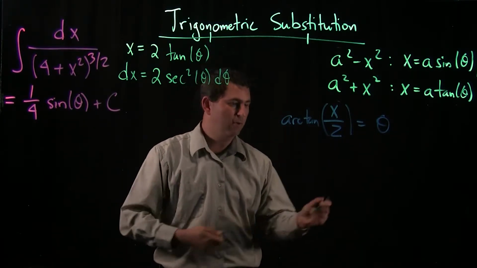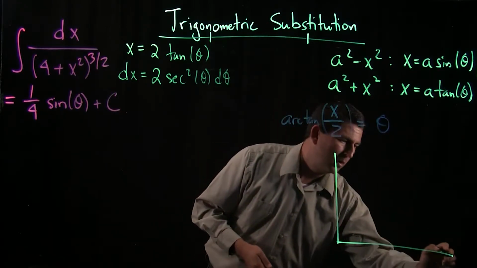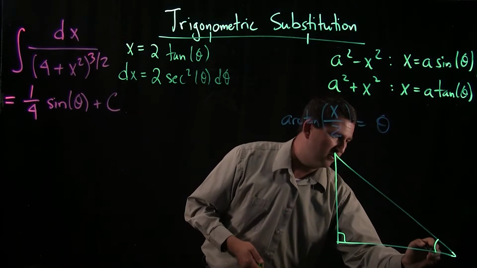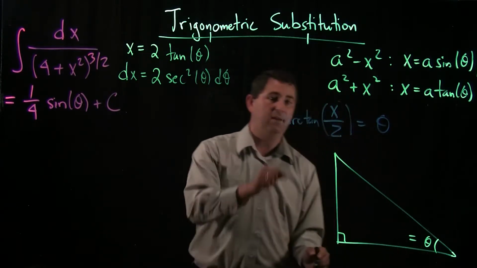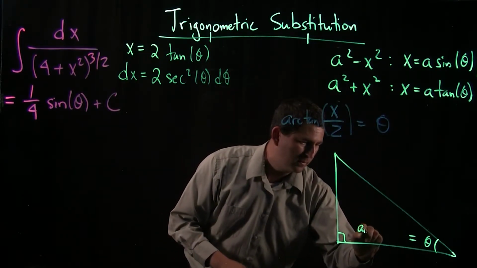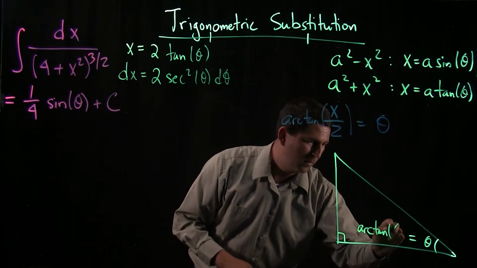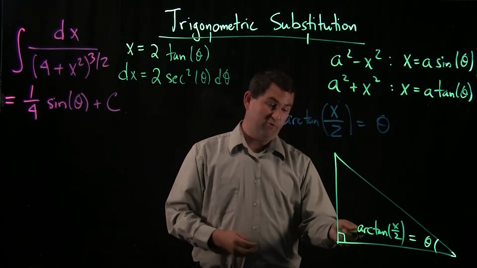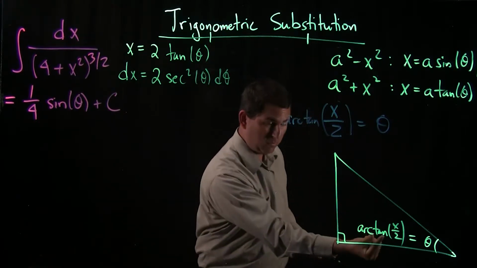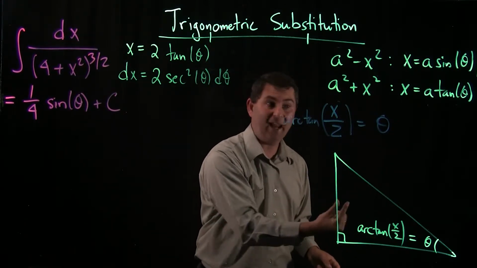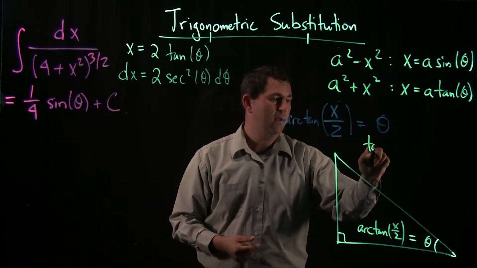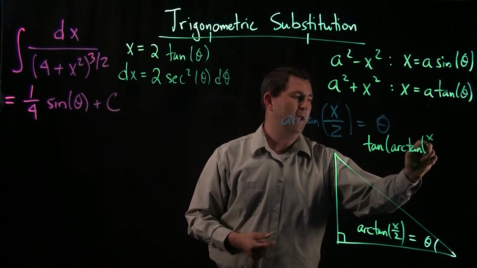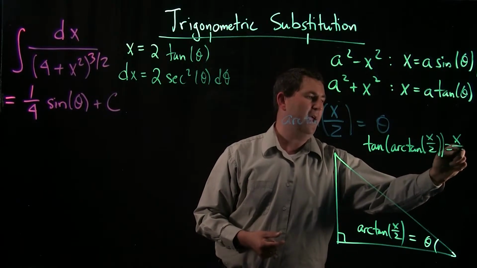We draw a right triangle. Okay, here's my right triangle. There's going to be my theta, and my theta is arctan of x over 2. Now, recall, the first thing I do is just write down this expression and take, well, this is arctan, so I'm going to take the tan of it. So tan of arctan of x over 2 equals x over 2.